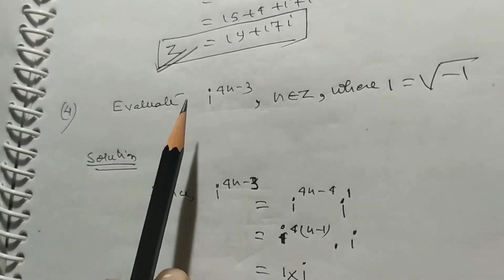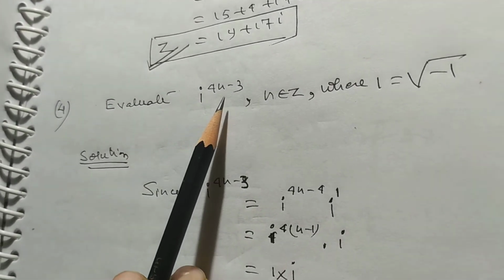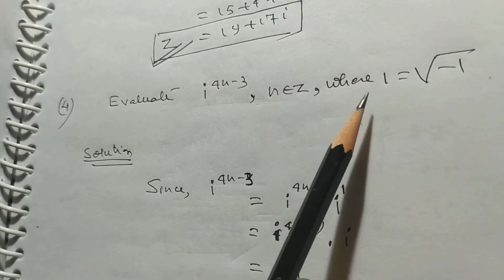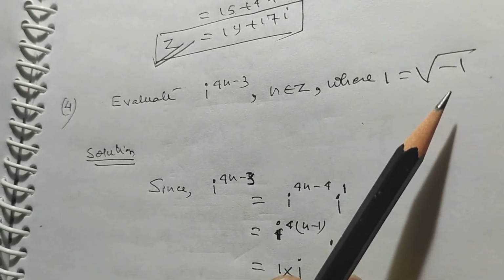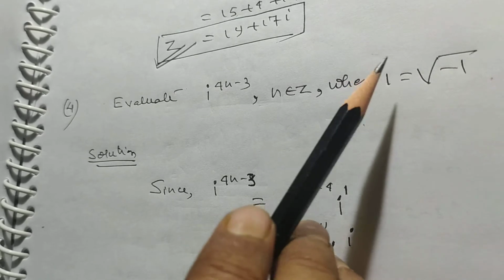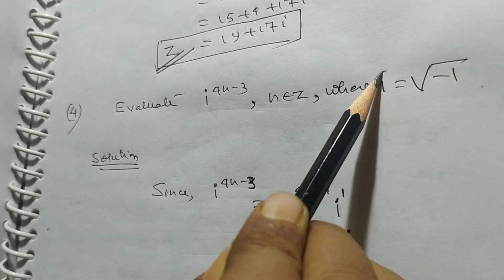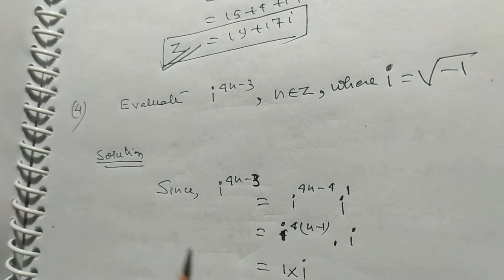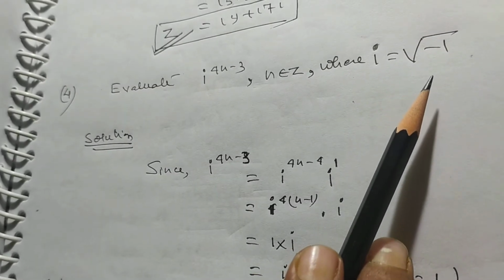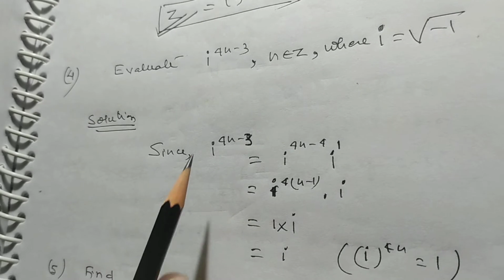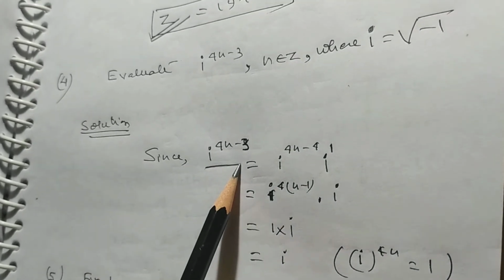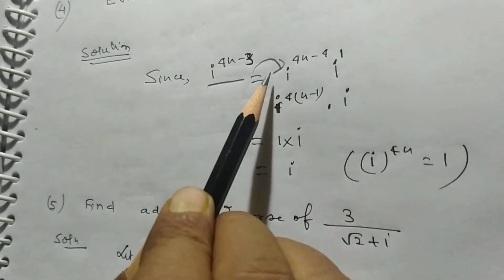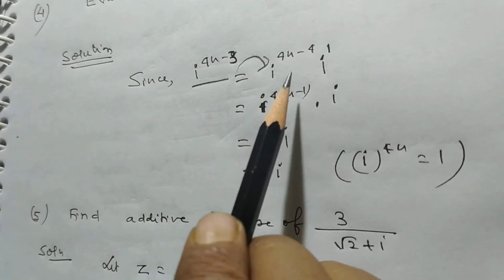So now evaluate i to the power 4n minus 3, n belongs to Z, where i is equal to root over minus 1. Here we do some arrangement. What arrangement do we do here?